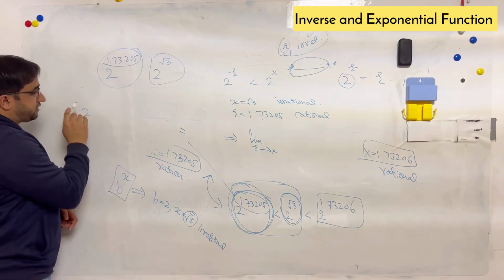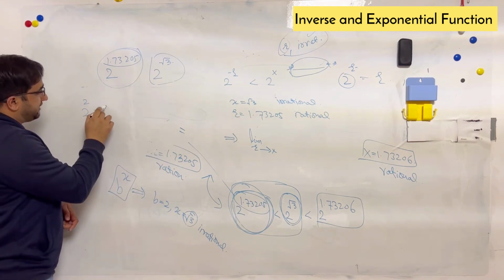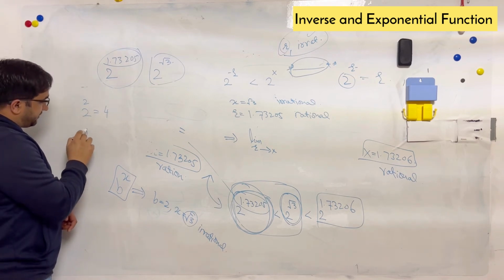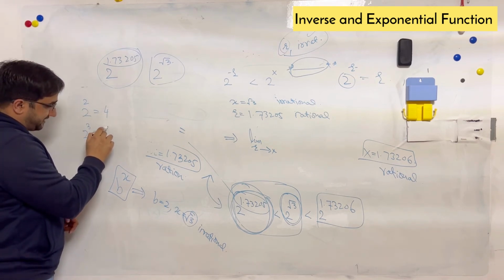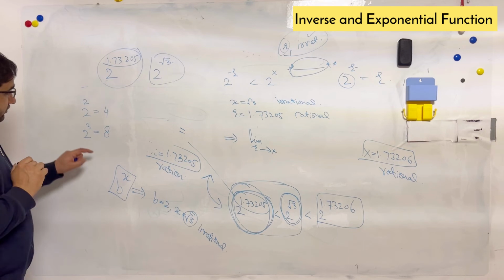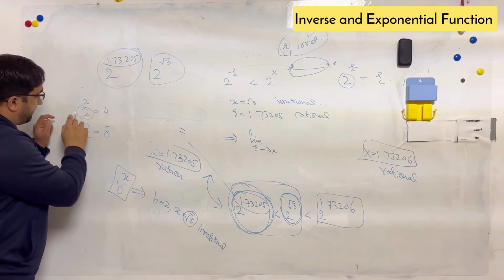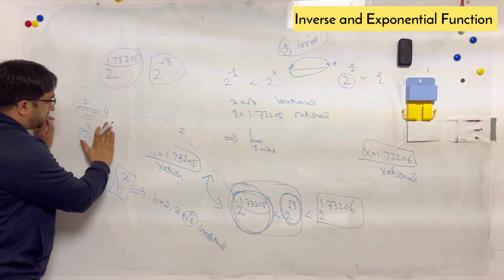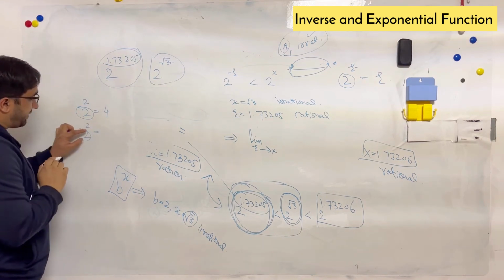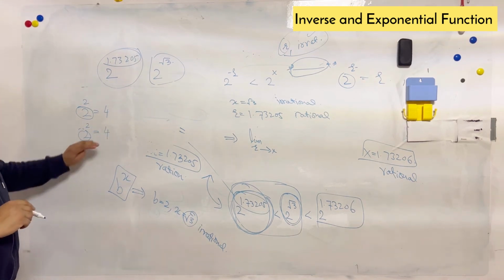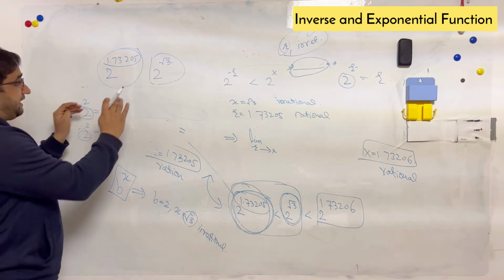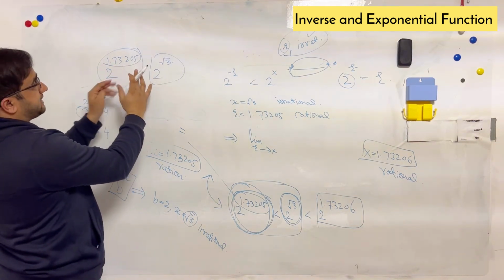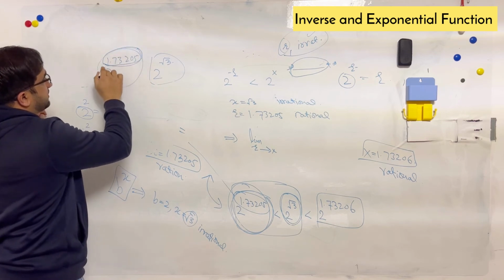For example, 2 raised to the power 2 gives 4, and 2 raised to the power 3 gives 8. The base is the same, but the powers are different. They can only give the same answer if their powers are the same. So if these two numbers are the same, their powers are also the same.